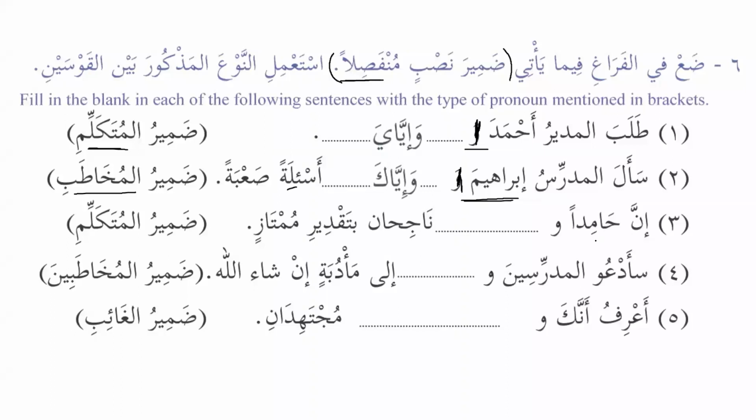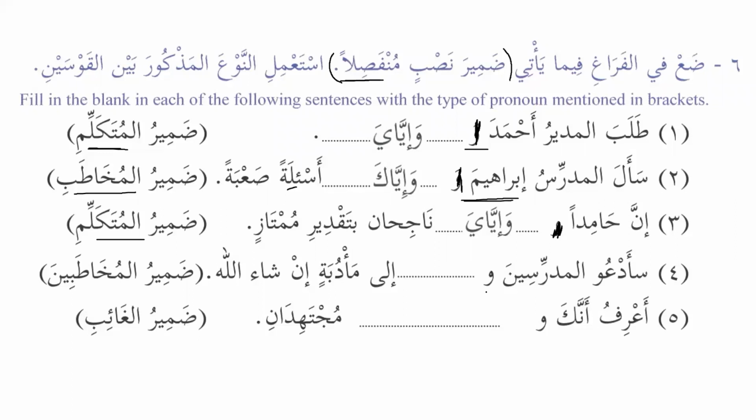And then we have إن حامدا وضمير المتكلم. Again, we have to use the first person. So what do we say? إن حامدا وإياي ناجحان بتقدير ممتاز. Indeed, Hamid and I are the ones who succeeded with excellent grades. Najihani is dual, and then we have بتقدير ممتاز, with excellent grades.